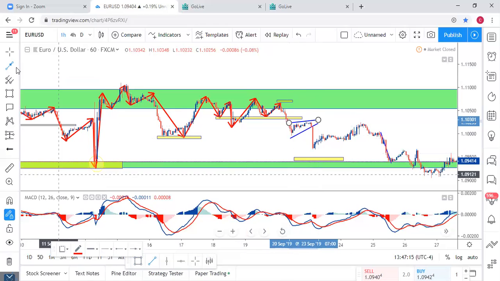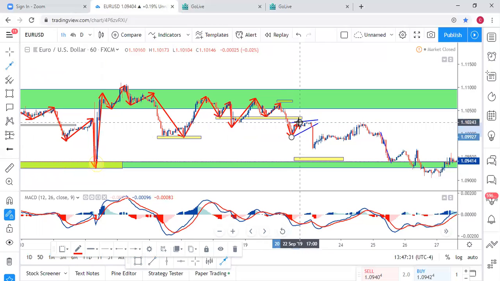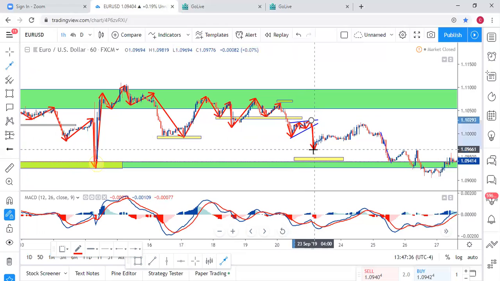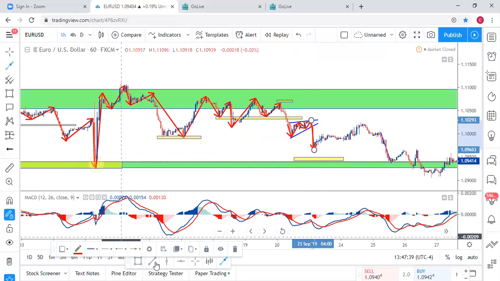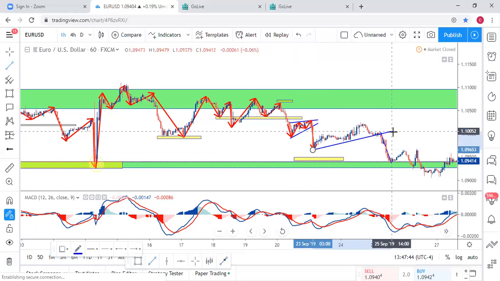Arrow, right? After it did this, it flagged. After it came down, did all of this, did all of that, it came down here, right? After that, it flagged again. So you have this as a flag.